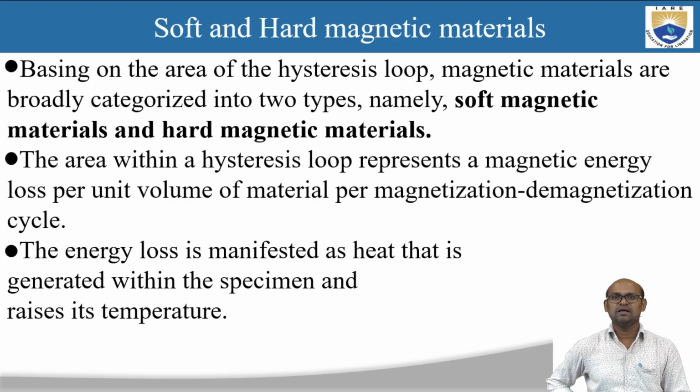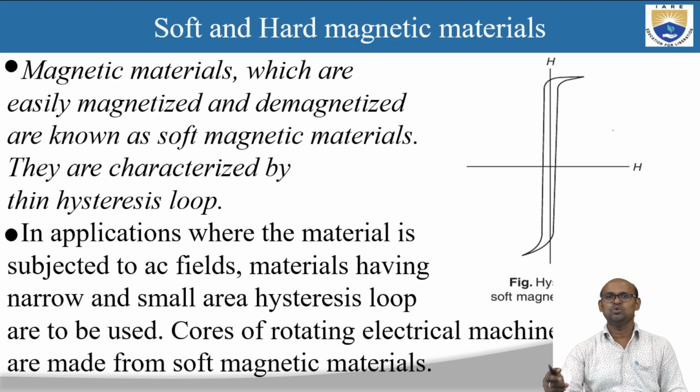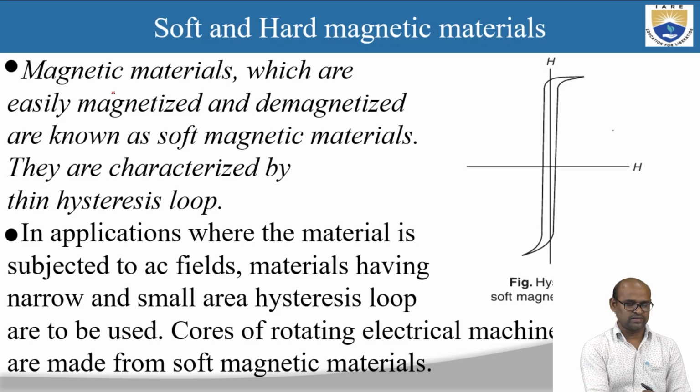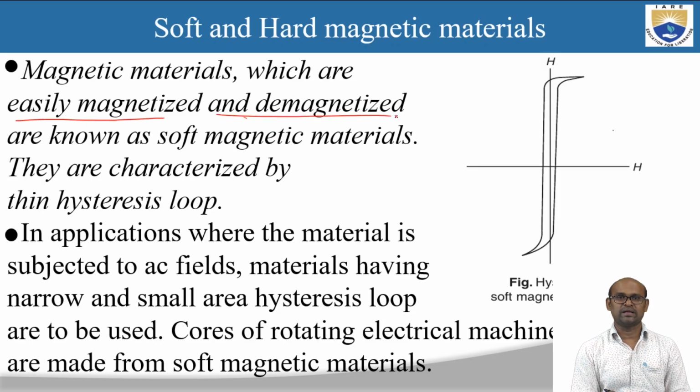And we said that based on the area of the hysteresis loop, magnetic materials are classified into two categories: soft magnetic materials and hard magnetic materials. Magnetic materials which are easily magnetized and easily demagnetized are known as soft magnetic materials. They are characterized by a thin hysteresis loop.